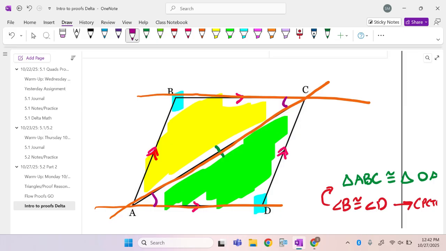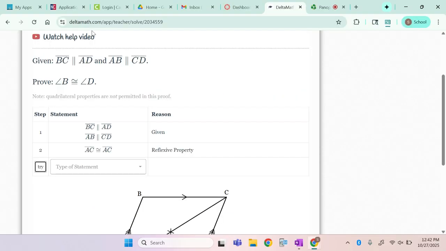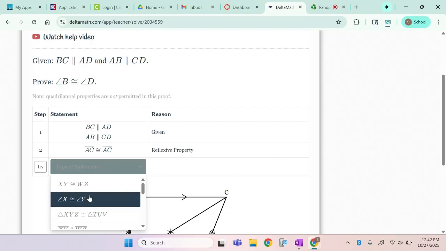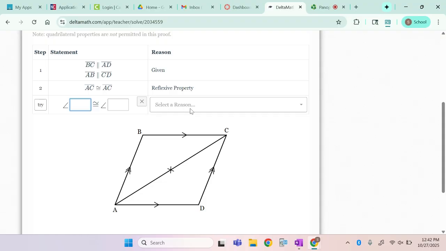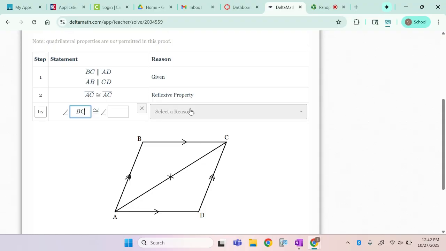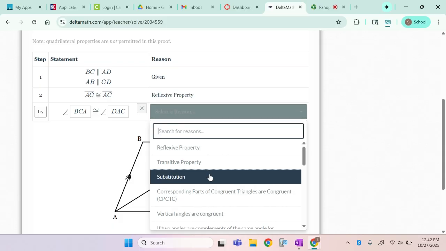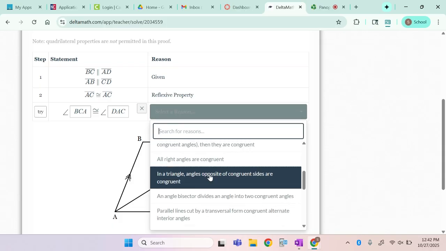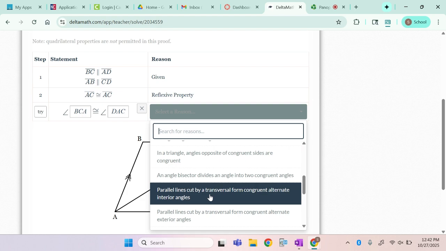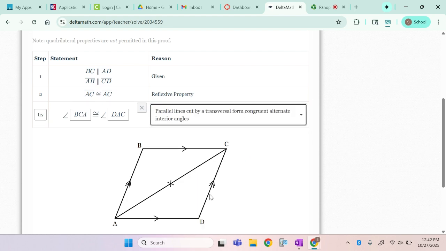So we can say that those two angles are congruent by alternate interior. So we can say angle BCA is congruent to angle DAC because parallel lines cut by a transversal form congruent alternate interior angles.